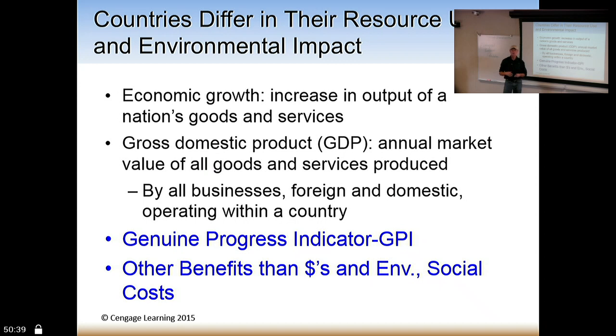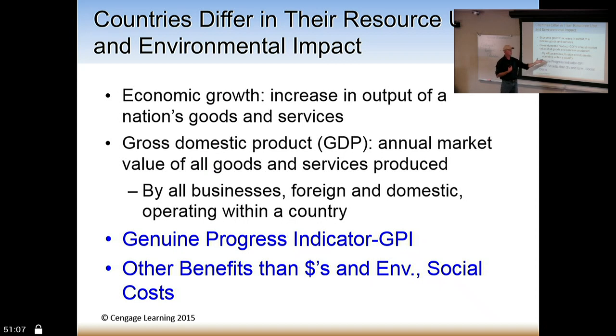If we're going to look at the progress of a country, how are they really doing, we could use something called the genuine progress indicator, which looks at some of those other things. What are some of the other benefits we're creating, in terms of childcare and education, and what are we doing for the environment, and what are the costs of that GDP?